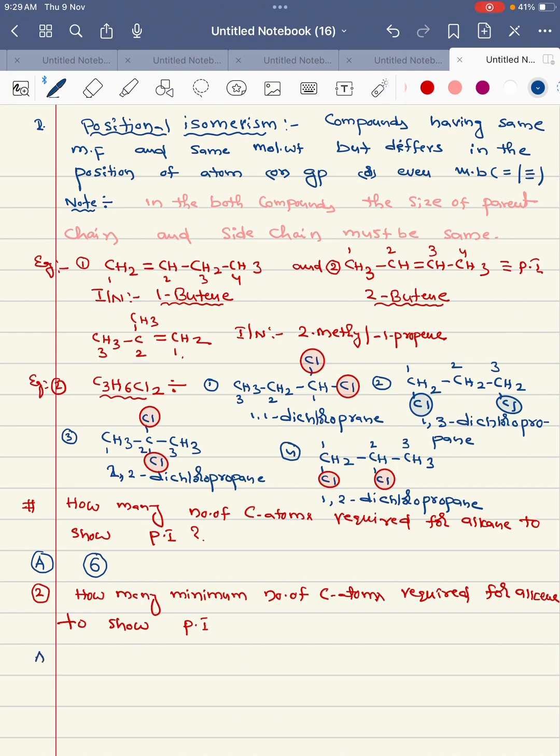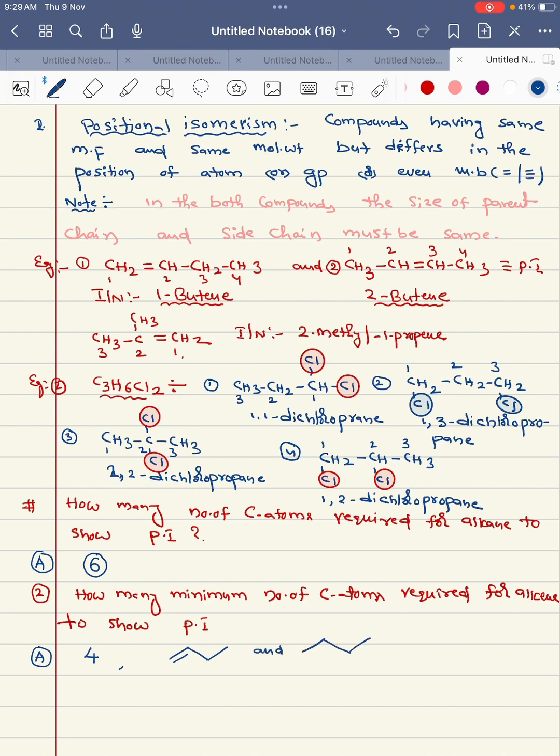The answer is, guess what I am going to write. The minimum number of carbons required for alkene to show position isomerism is 4. So 4 means 1, 2, 3, 4. That is called 1-butene.